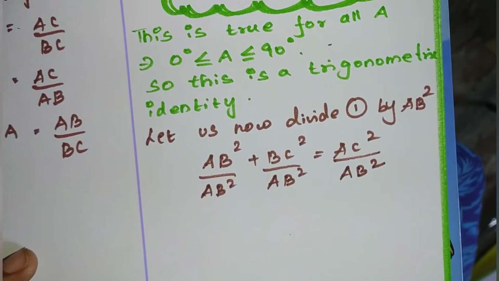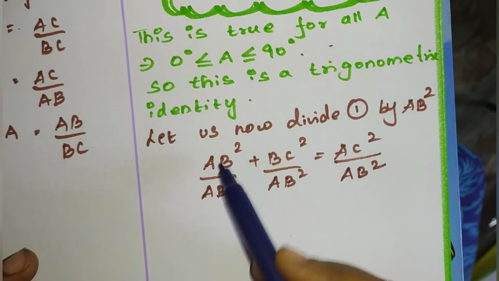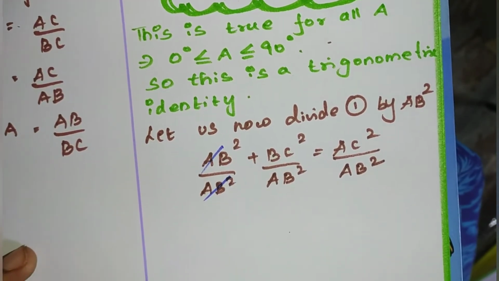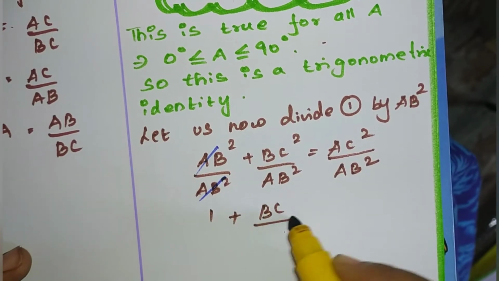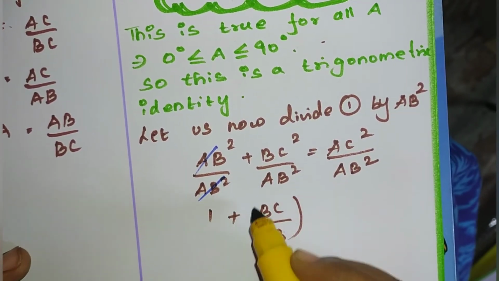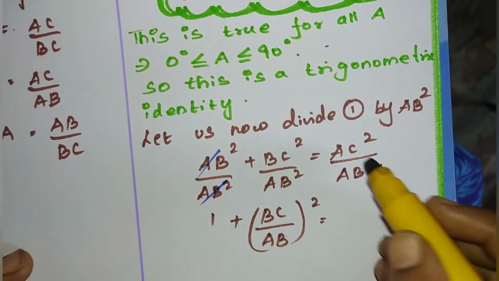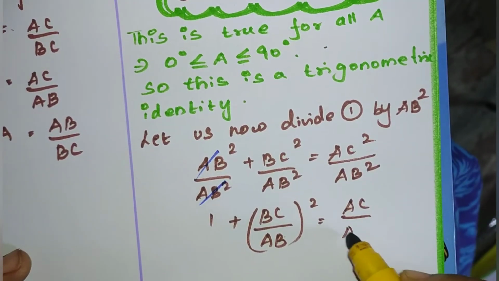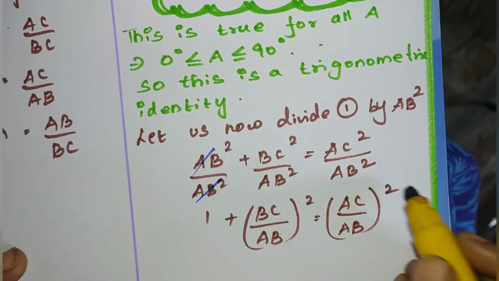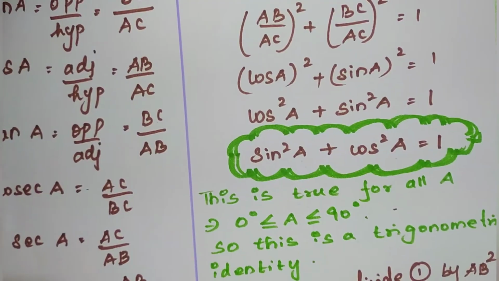So the first one we can cancel, no? So I'm going to cancel. Answer is 1. 1 plus BC divided by AB the whole square, and then AC square divided by AB square, AC divided by AB the whole square. So BC divided by AB is what?